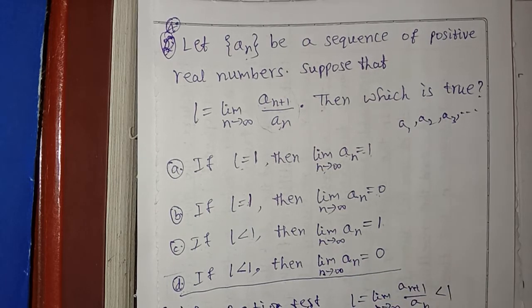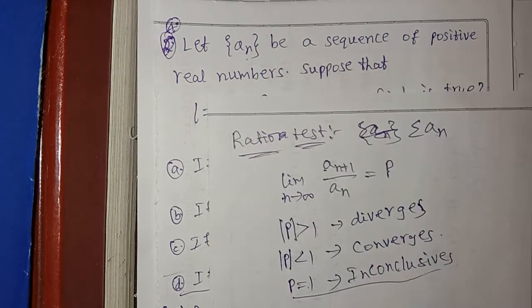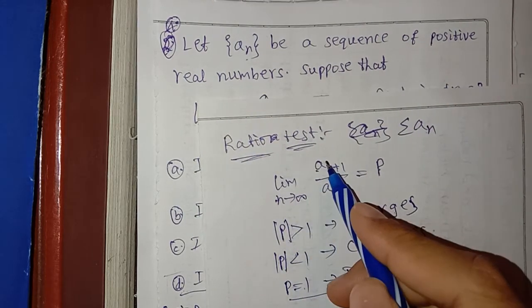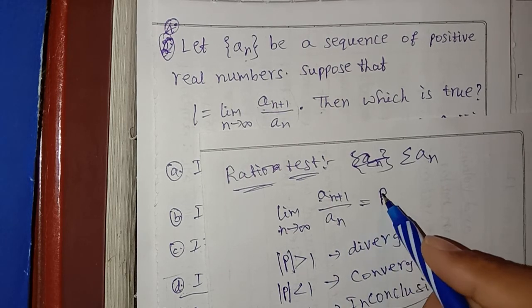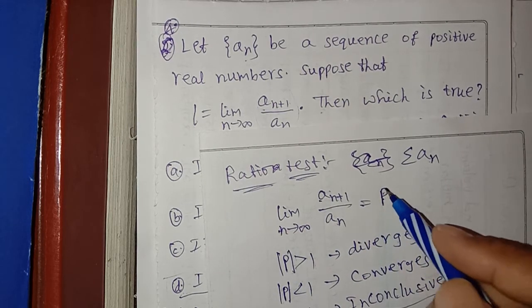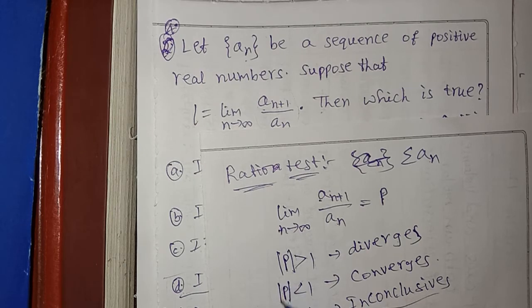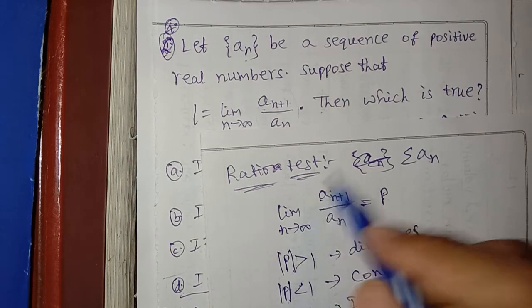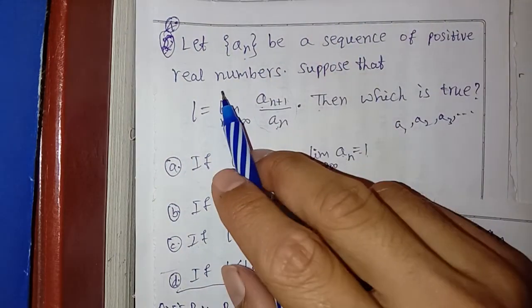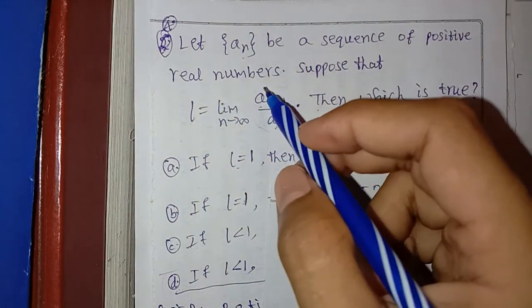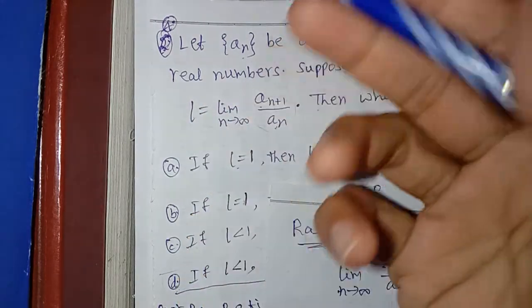Now, ratio test says that limit n tends to infinity an plus 1 divided by an is equal to p, if modulus of p less than 1, then it converges. Here they give an is sequence of positive real numbers, so modulus of L is not required.